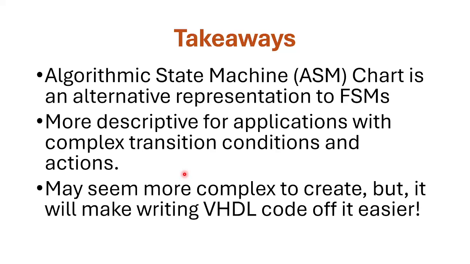So they might be a little bit messier or may take a little bit more time to draw and create, but then writing the VHDL code of those will be less prone to errors and therefore less headaches later on trying to debug your VHDL code.